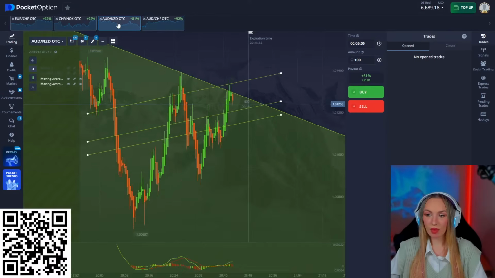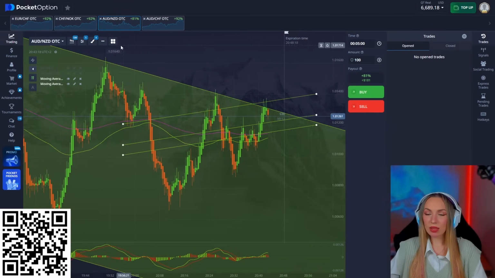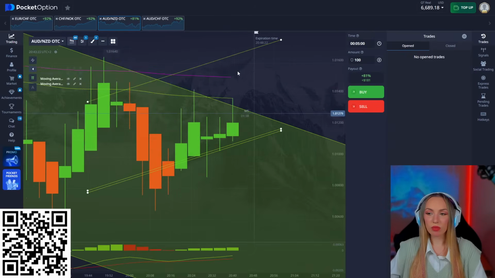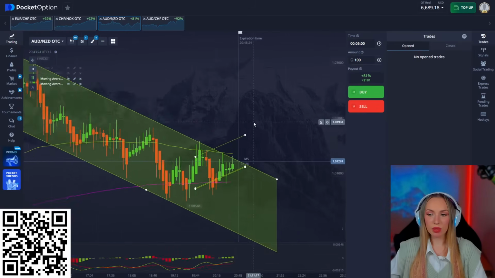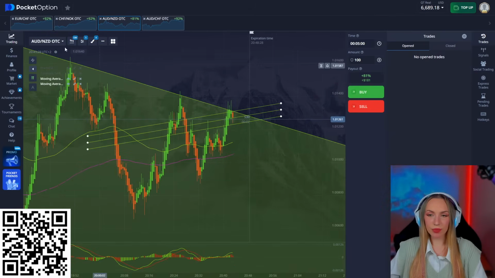So yeah, it's very important to see these trend reversals. AUD NZD already has too many touches of the resistance, so there might be a trend reversal, but it can also start going down.